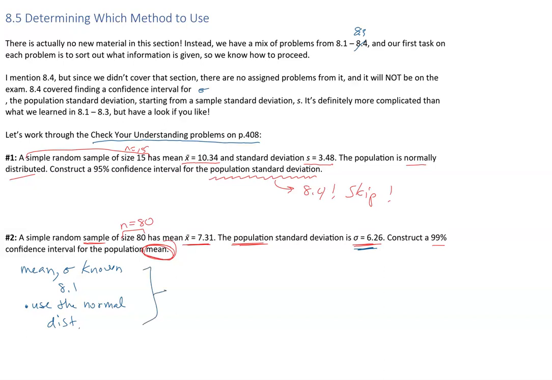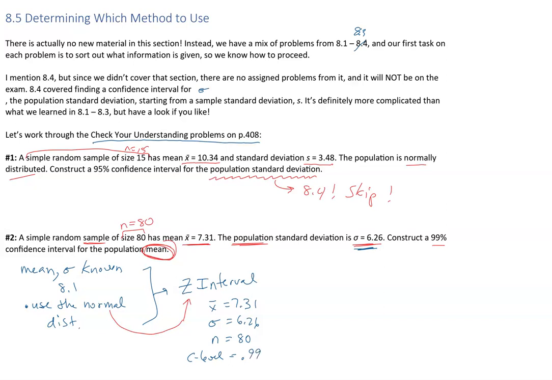I am going to go straight to the calculator and I'm going to use z-interval. And it's super important to use z-interval because that's for the normal distribution. So go ahead and call that up on your calculator, plug in all the information. Again, we've got x bar equals 7.31, sigma equals 6.26, and our sample size is 80. I'm plugging all that in with our confidence level of 99%.